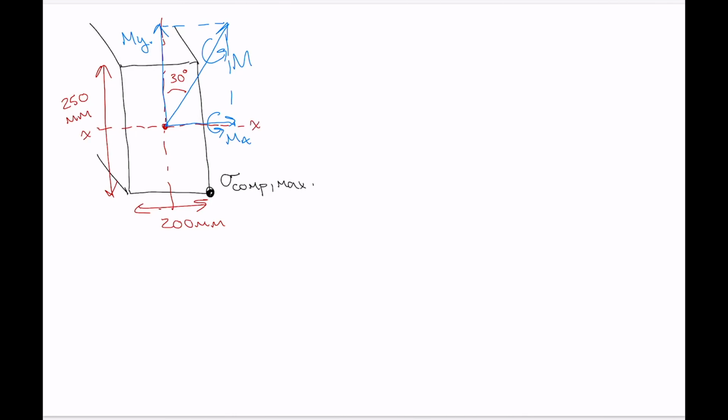So this is the x-axis, and this is the y-axis there. So we're going to say that the maximum compressive stress at the location indicated there is going to be the stress at that location due to Mx and the stress at that location due to My, and then we're just going to expand each of those.